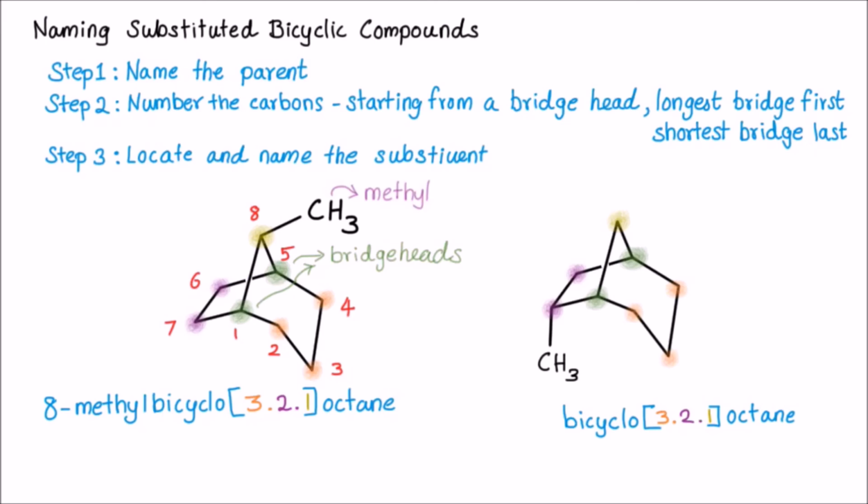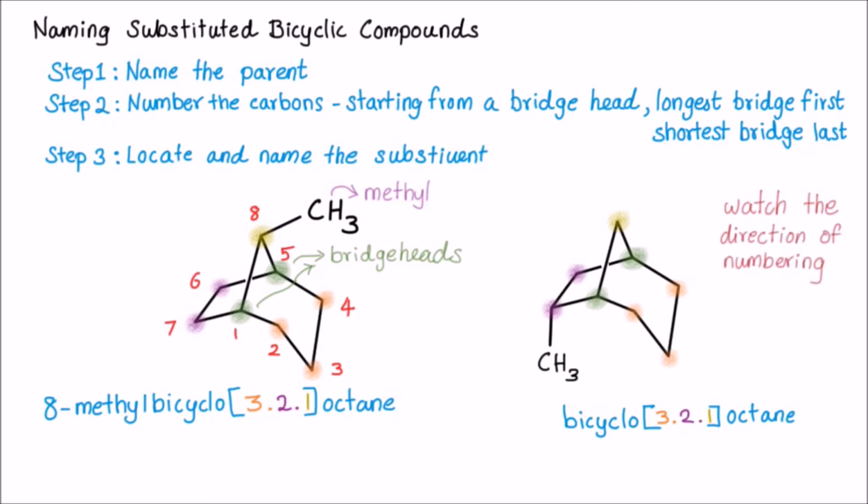Now what does step number 2 say? Number the carbons starting from one of the bridgeheads and go through the longest bridge first and the shortest bridge last. Now watch the direction of numbering.